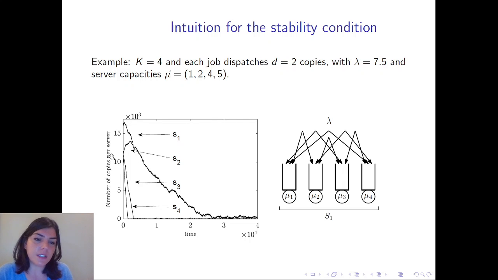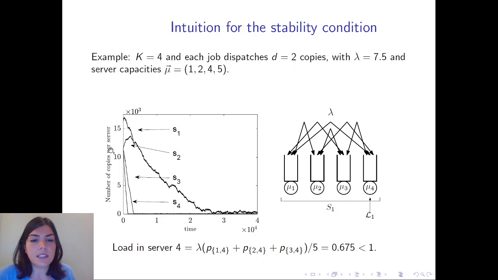In this figure, we plot the number of copies per server within time for servers 1, 2, 3, and 4. And we observe that eventually all the servers are going to get empty. But now we are going to analyze how this happens. So first, we consider server 4, which is the server that empties first and stays empty for the rest of the time.